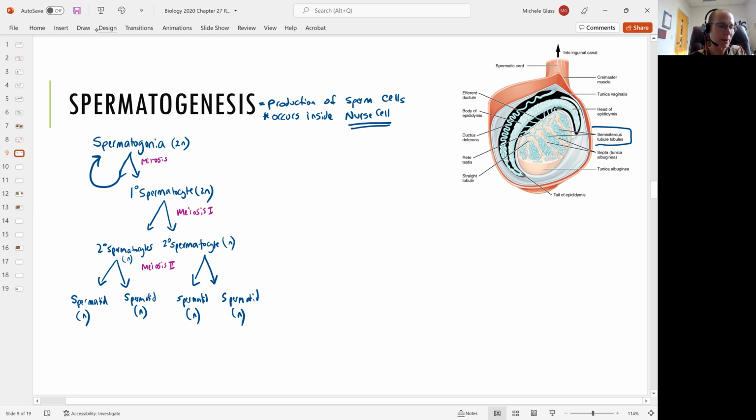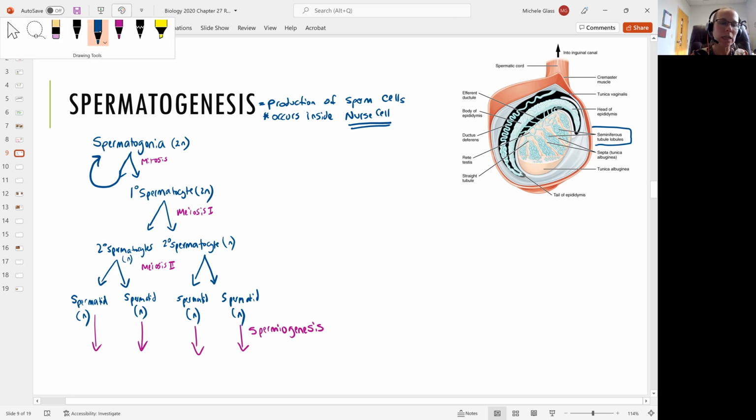What we see happening next is another step. This step we call spermiogenesis. So look at your word carefully. The entire process is called spermatogenesis. And this process of spermiogenesis is a maturation process that's taking our spermatid to what we can call a sperm cell.